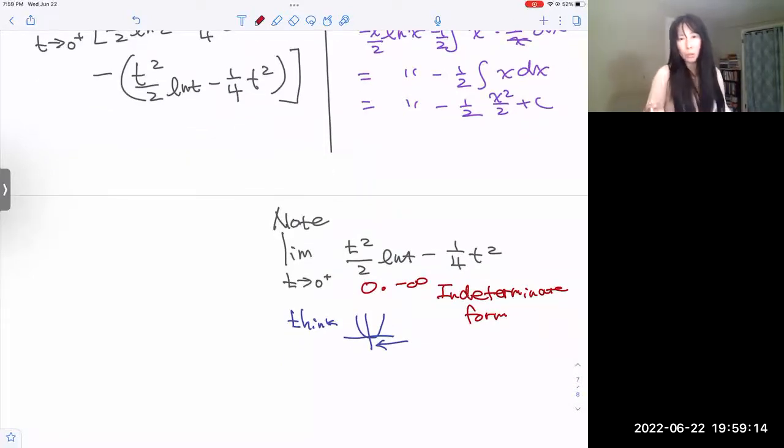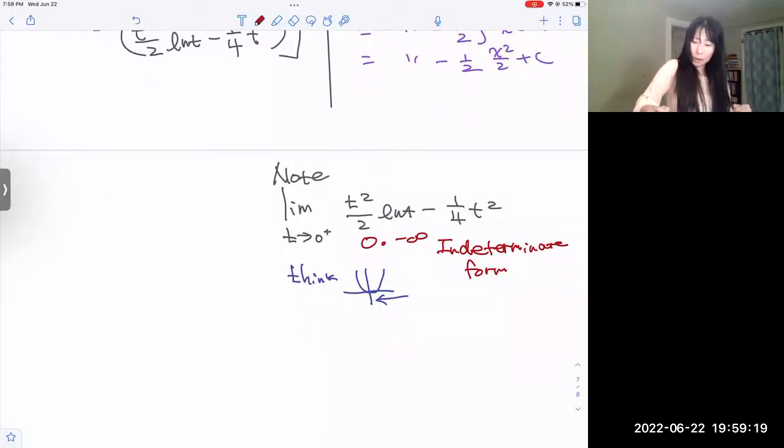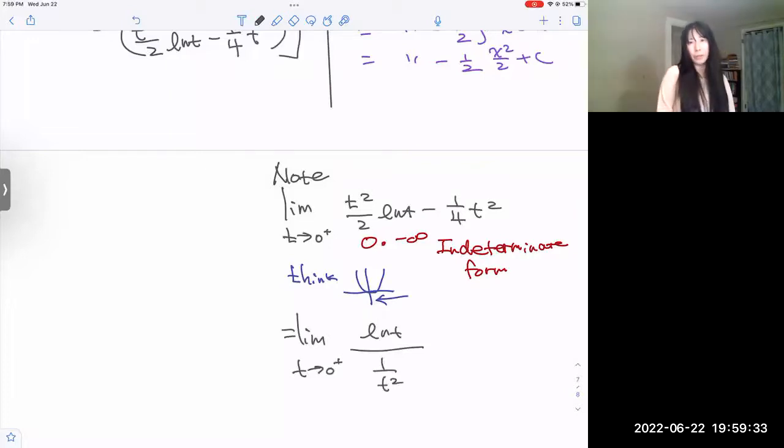Let's just ignore the 1/2, okay? And then we talk about t squared ln t. So we can express this one as ln t over 1 over t squared. Do you agree?